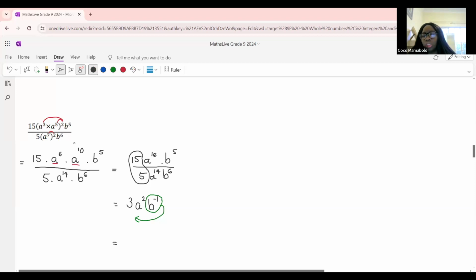Yes or no? No, there's no need for me to take the 3, because it doesn't have a negative exponent. So we're going to leave it there as well as the a squared. So we're going to get 3a squared over b to the power of 1, which is just the same as b.